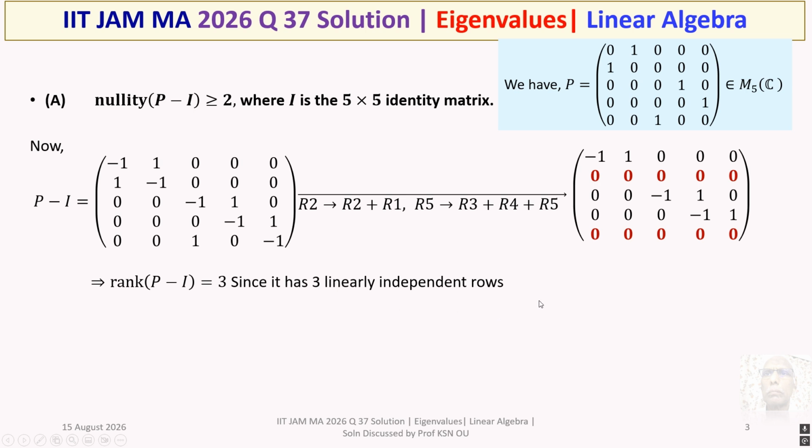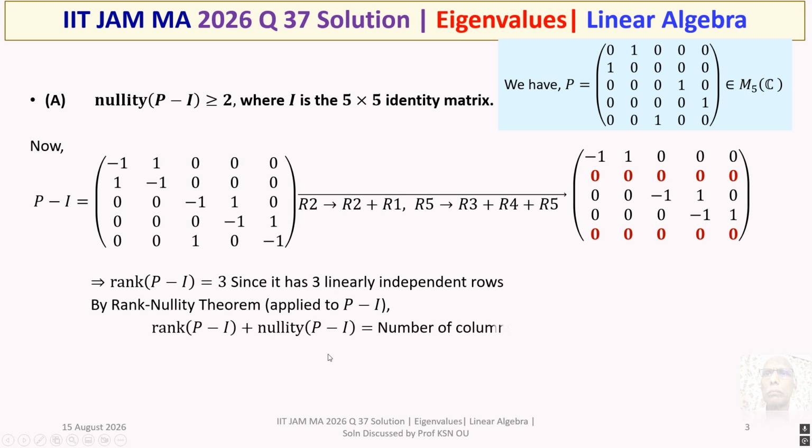Now we apply the Rank-Nullity theorem for P minus I. Then we get rank of P minus I plus the nullity of P minus I is equal to the number of columns of P minus I. The rank of P minus I is 3 and the number of columns is 5.